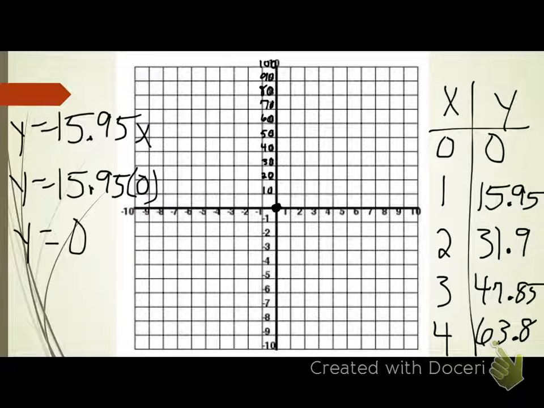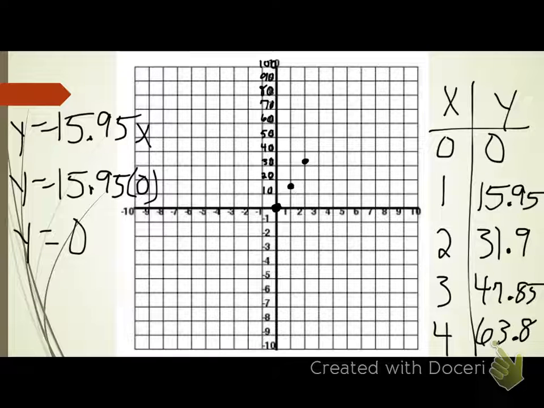Okay, 1 comma 15.95. I'm going to go right 1, up 15.95. 2 comma 31.9. I'm going to go right 2, up 31.9. 3 comma 47.85.